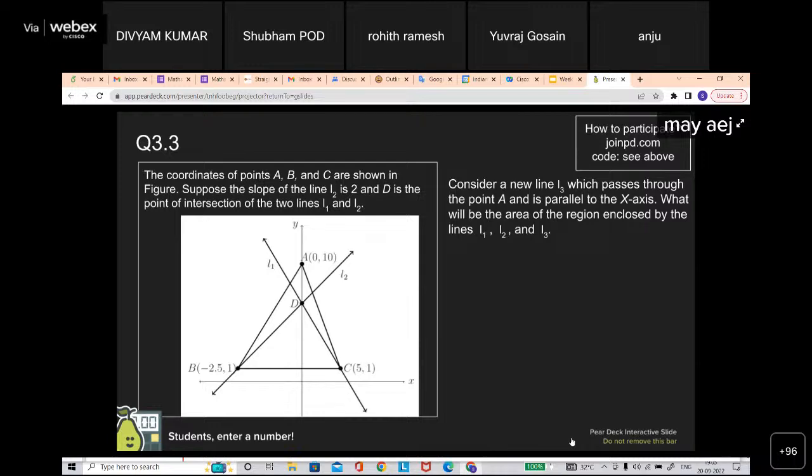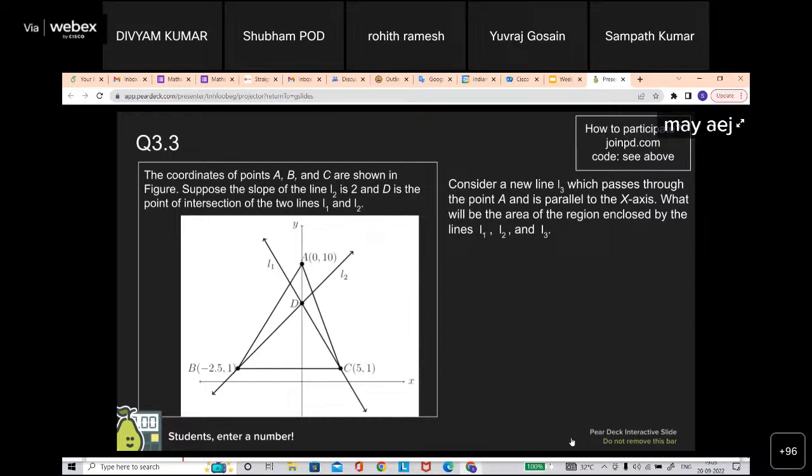Again, using height and base, you can answer this, or using the bigger formula. We need to find the coordinates where L1 and L2 join. The idea is you need to find the intersection point of L1 and L3, and L2 and L3. You can assume that this point is intersecting at some point.